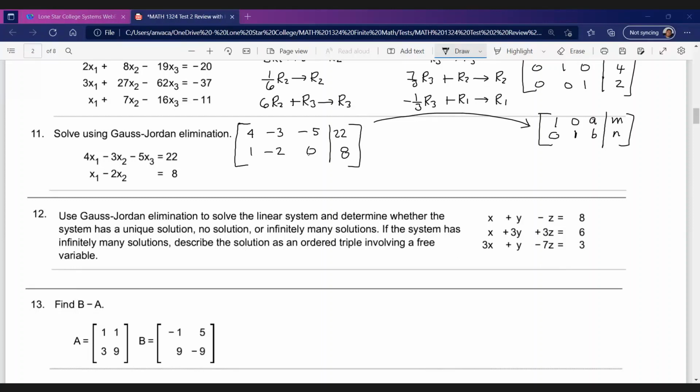All right, so the steps that we took to get there were the following. Row 1, swap with row 2. -4 times row 1 added to row 2, that's our new row 2. Then we went ahead and did 1/5 times row 2, that is our new row 2.